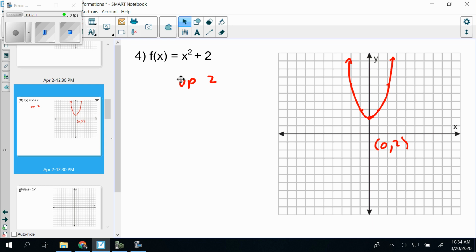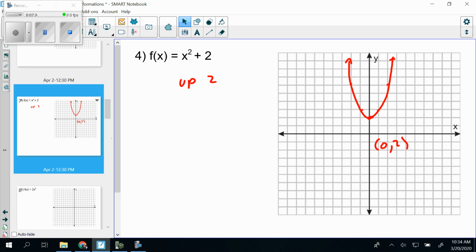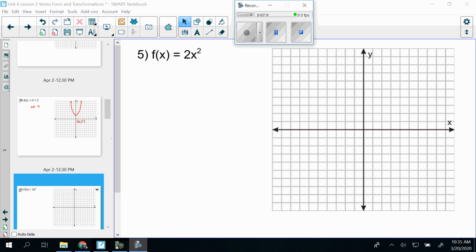All right. So next, what we're going to look at is what happens when you start putting numbers in front of, or multiplied to, your function. When that happens, something outside the function is, again, going to do something up and down.